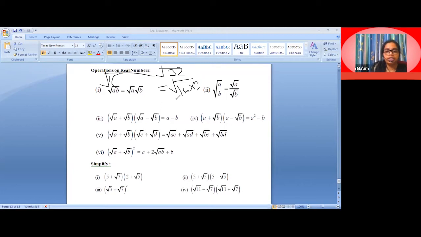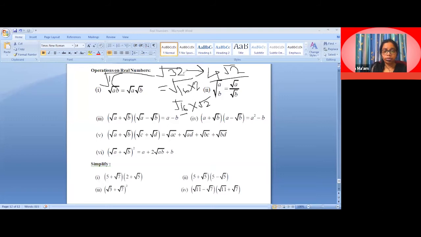So this will be root 16 into root 2. Now I know root 16 is a perfect square, so I can write it in this form. So this will be 4 root 2. So you can also write root 32 in this form.